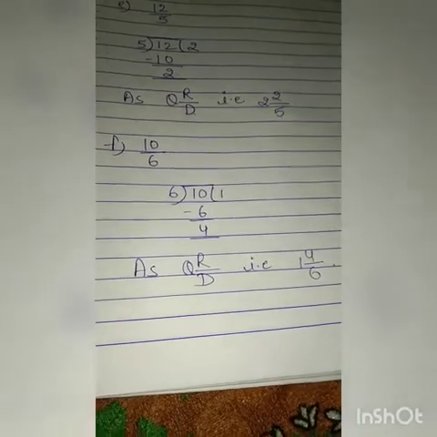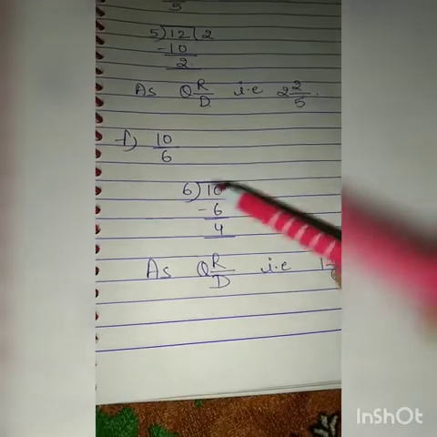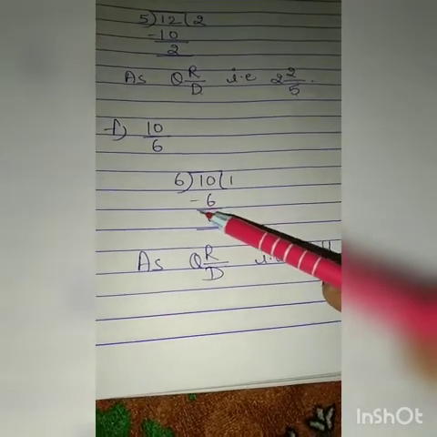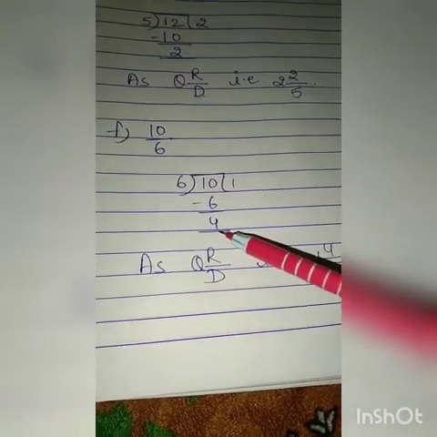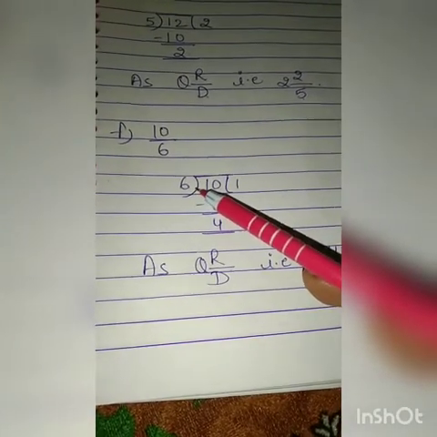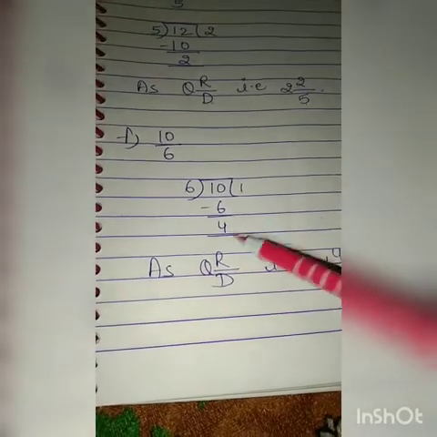Question number F now, 10 upon 6. We will divide 10 by 6. So 6 ones are 6, 6 is nearest to 10. So 10 minus 6 is 4. Now 6 is the divisor here, 1 is the quotient here, and 4 is the remainder.